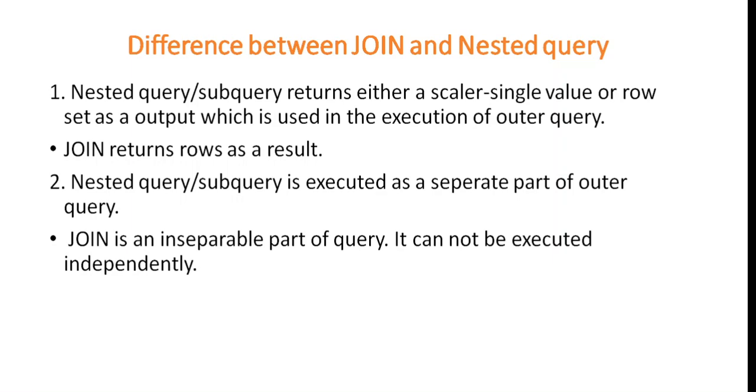But join is an inseparable part of any query. We cannot separate join from the main query, and join cannot be executed independently. When you write any join query, that entire query is executed once. There is no separate execution of join and query.